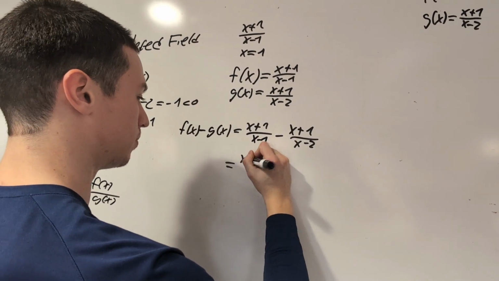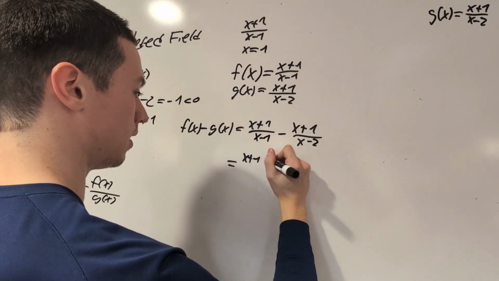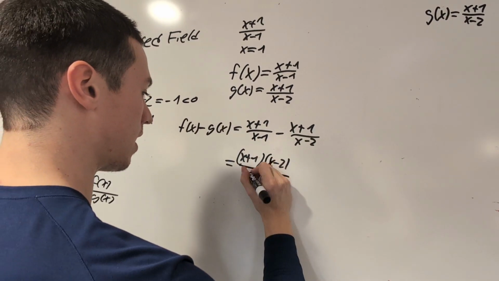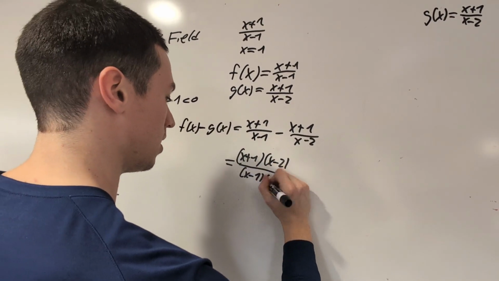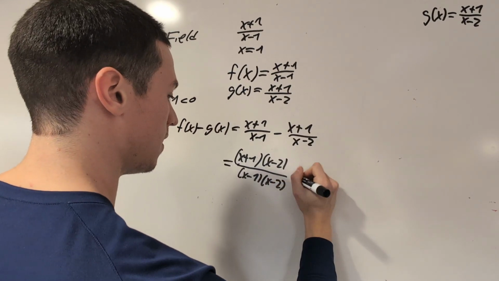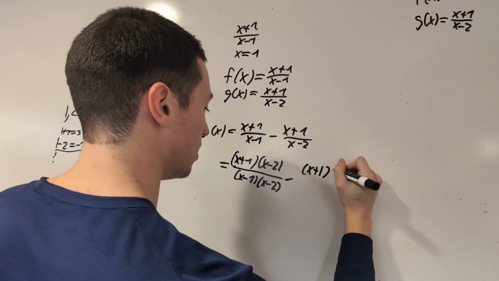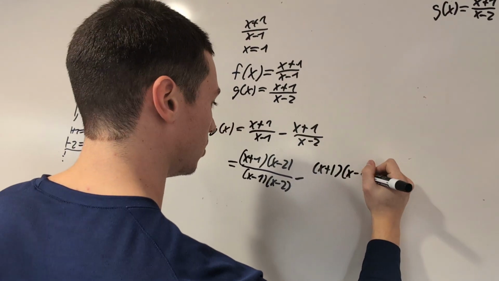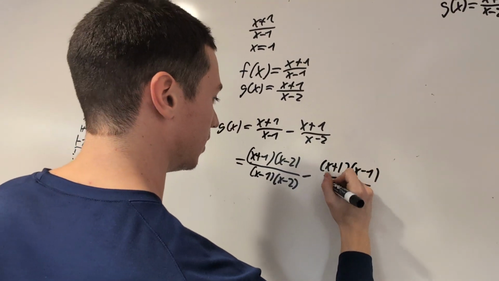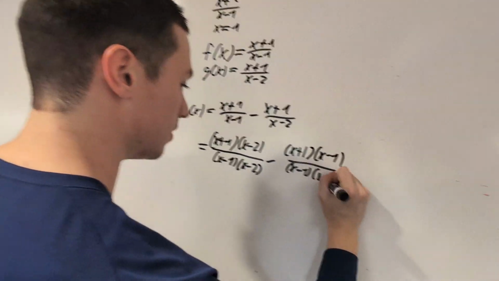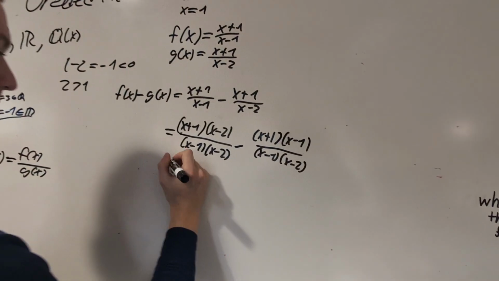And you have x plus 1 times x minus 2, over x minus 1 times x minus 2, minus x plus 1 times x minus 1, all over x minus 1 times x minus 2. And then you have to expand them both out.